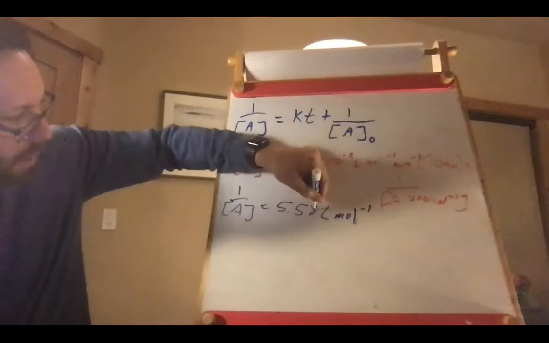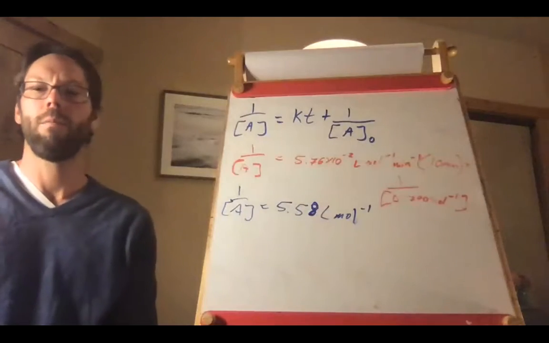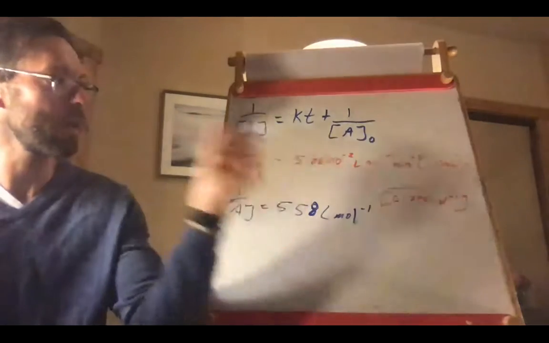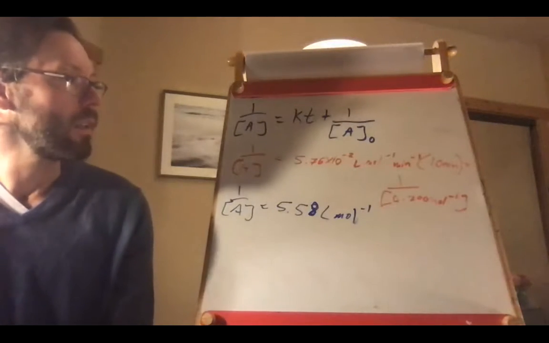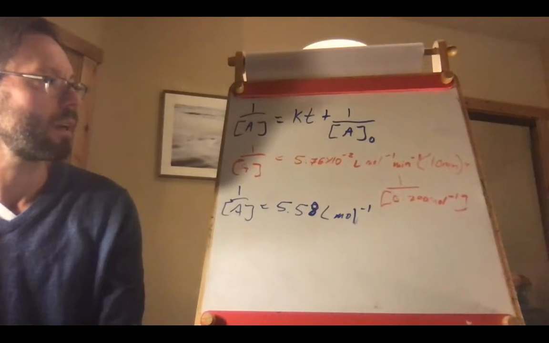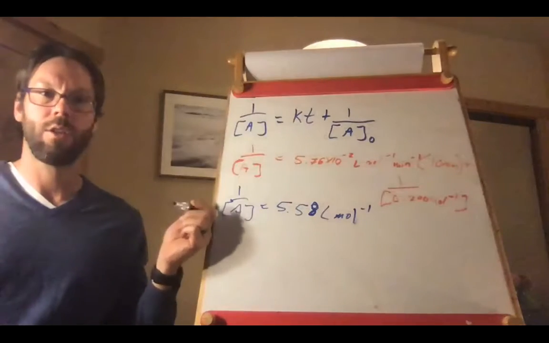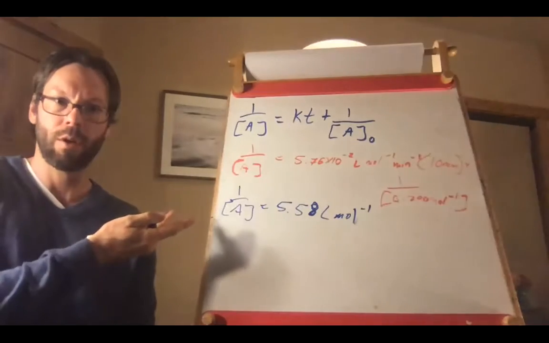Sorry, that's a bad 8. Okay. Why? Because our minutes cancel, right? And let's see, what else? Now we got to change this, right? Because it's 1 over A. So we take the reciprocal.